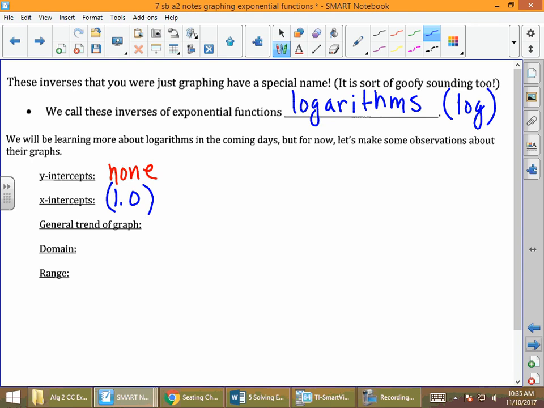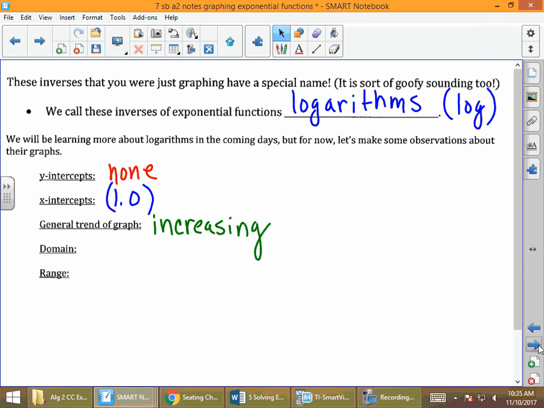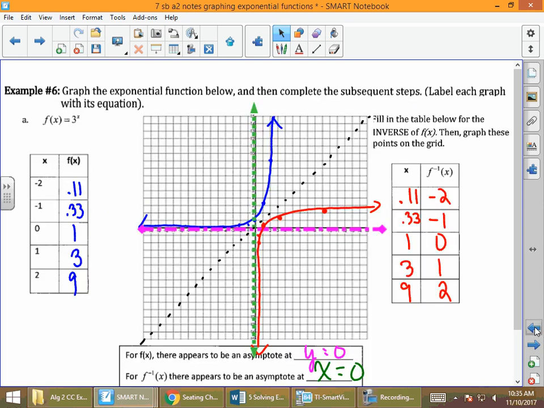The general trend of both graphs, starting at the left, we go up, up, up. There's an increasing trend. Our domain of our graph, again, we're looking at the red graph on my screen.